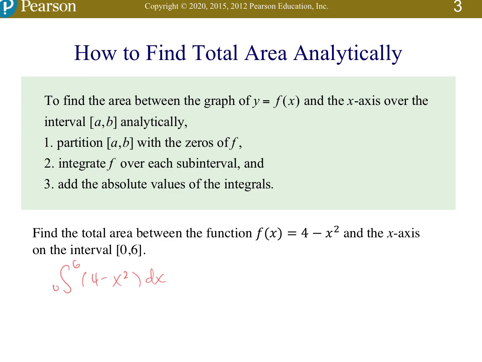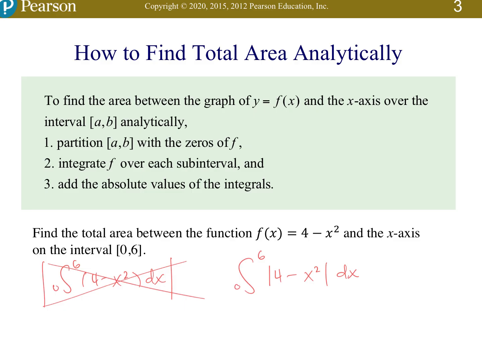Part of it dips below the x-axis. I'll see them put the absolute value outside. That's not going to give you total area. That's going to take the net area, whatever it is, and just make it positive, which is not what total area is. So that would not be the right way to set that up. Your absolute values need to be on the inside in order for you to find the total area.